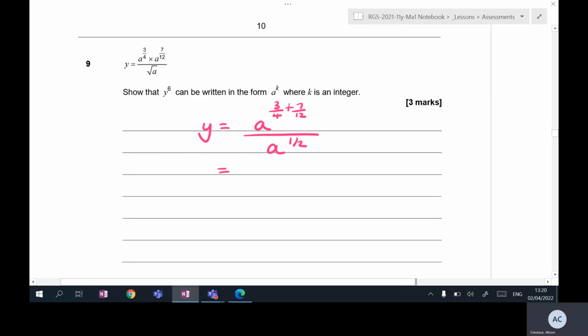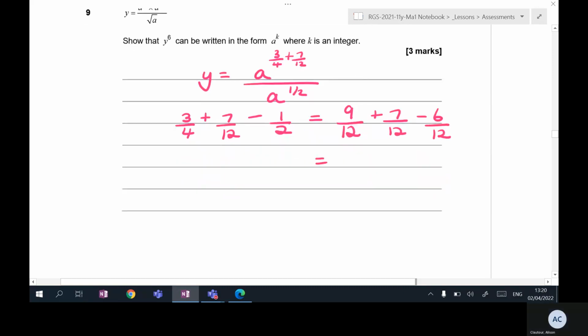So you're going to have to add 3/4 and 7/12, and then because we're dividing, we subtract the powers. We want to then take away a half. So if I combine that all into 12ths, so 9/12 add 7/12, take away 6/12, gives me 10/12, which is 5/6.